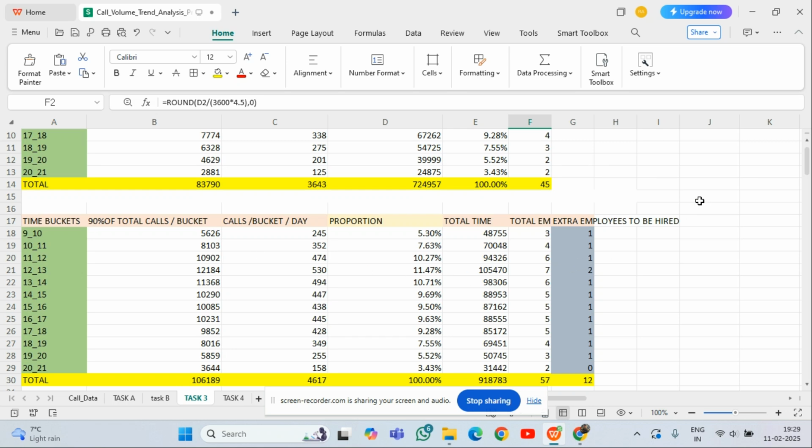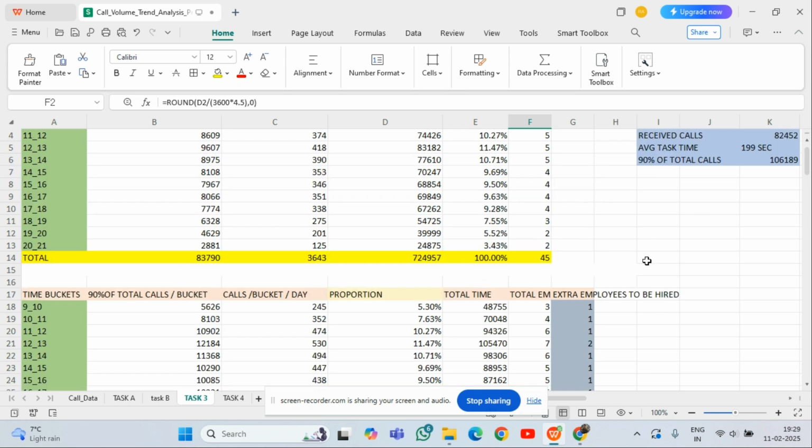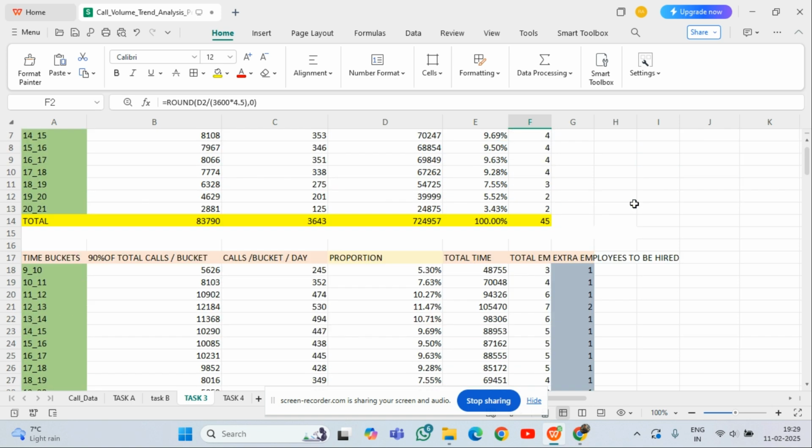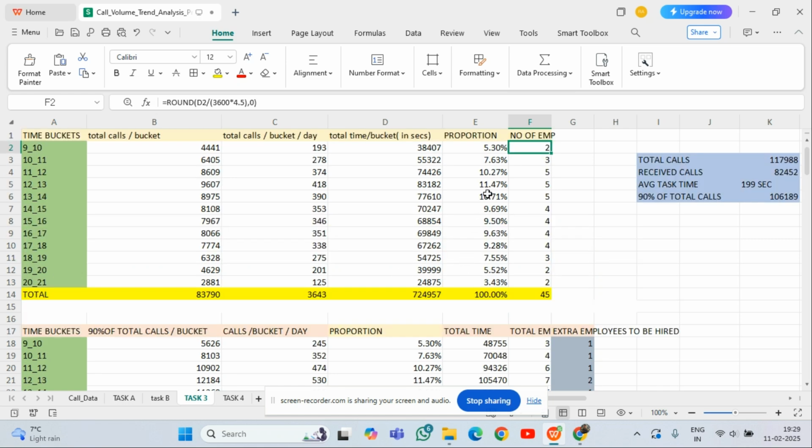This is the chart for the second case, for which we have to work. Similarly, we'll do the time buckets. We'll calculate the 90% of total calls in each bucket. We'll divide these number of calls in the same proportion.